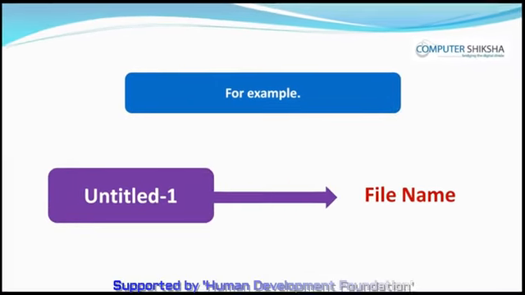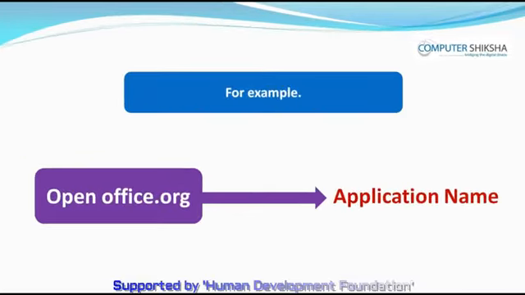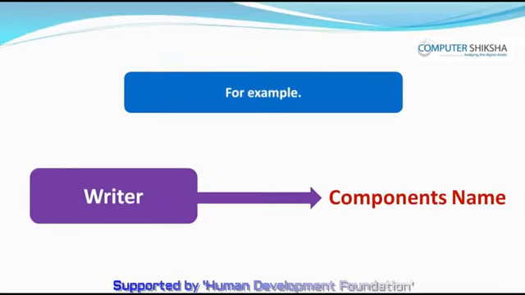For example, if we look here, it says Untitled 1, which shows that this file is not yet saved. Had this file been saved, we would see the name of that file here. Also, written here are the words openoffice.org, which is the name of the software. In the end, you also see Writer is written. This is the name of the component of OpenOffice which we are using.